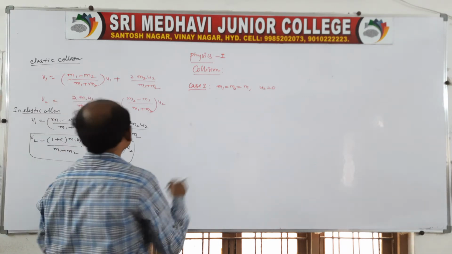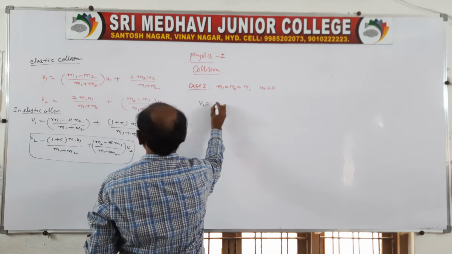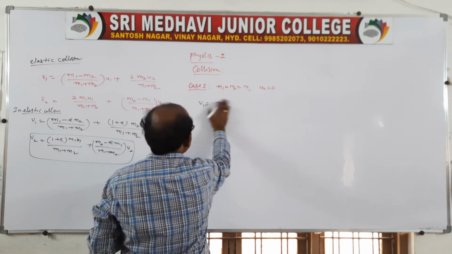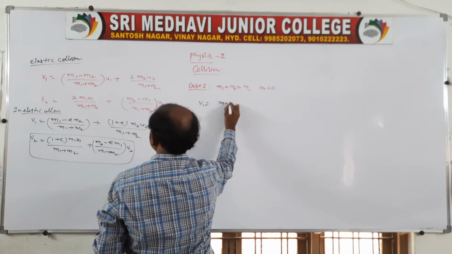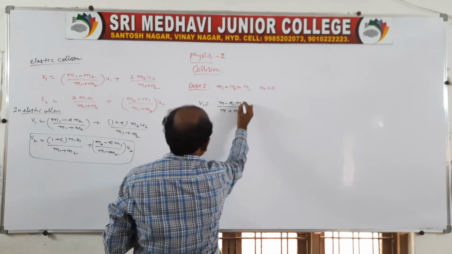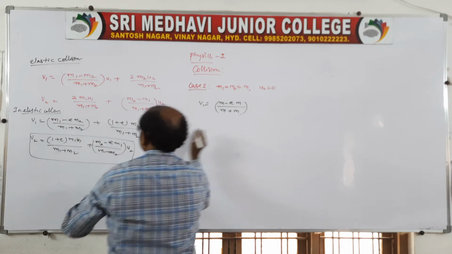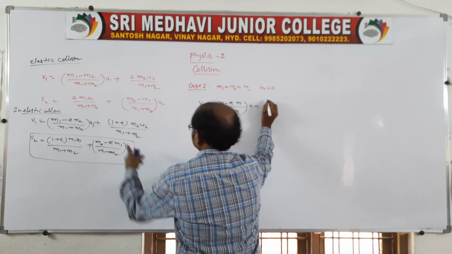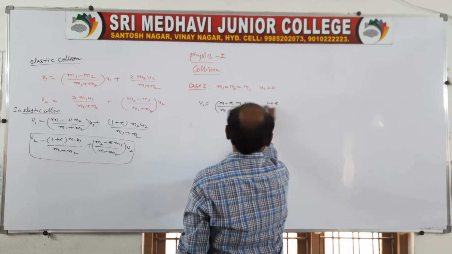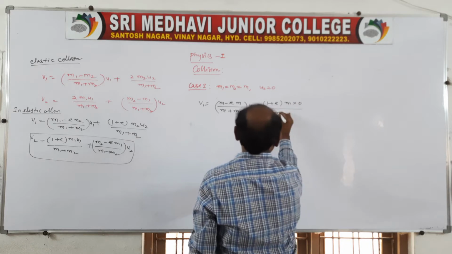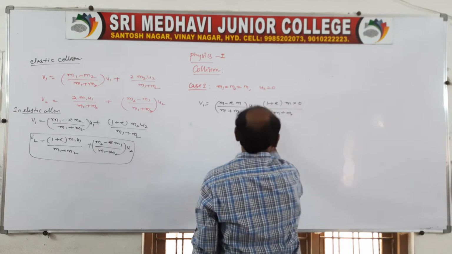Now coming to the point, V1 is equal to (M1 minus e M2) by (M1 plus M2), because both are M. So you write M minus e into M by M plus M, times U1, plus (1 plus e) of M times U2, second body at rest, M plus M. This will be 0.